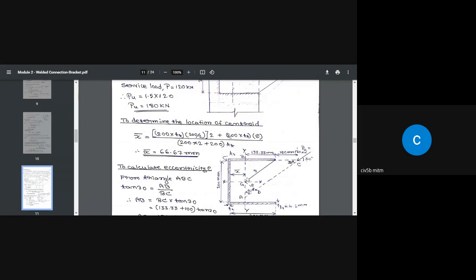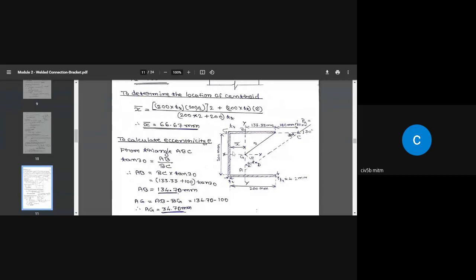So we can find out x bar by taking moments of all the weld areas divided by the total area of the weld, like this. So we can find out what is x bar. We got the x bar value equal to 66.67 millimeter. Okay. Careful here.